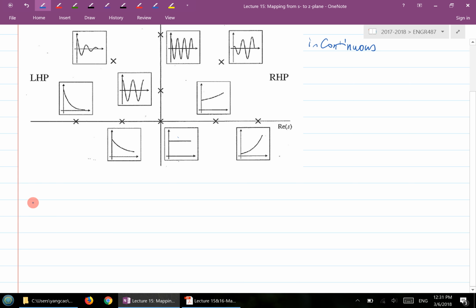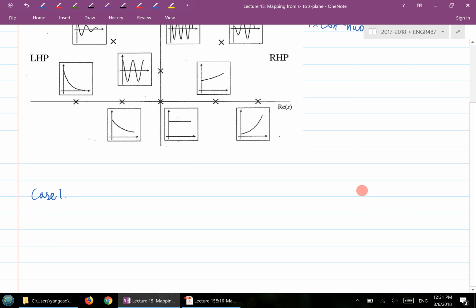In the previous lecture, I started a sort of preamble as to what we mean by mapping.